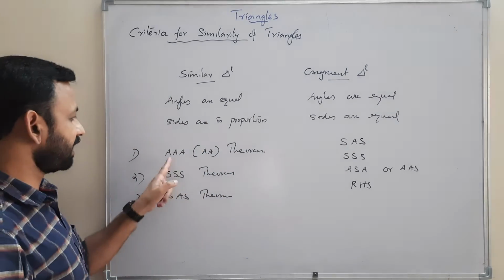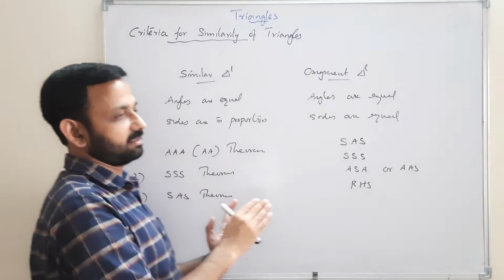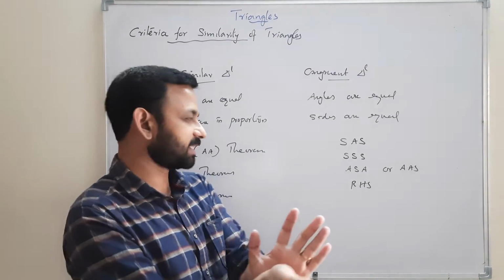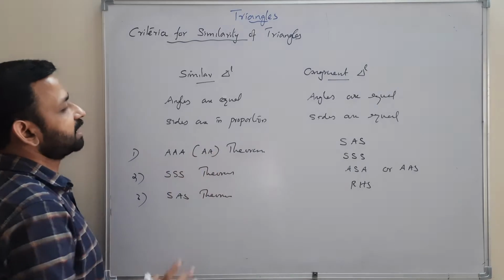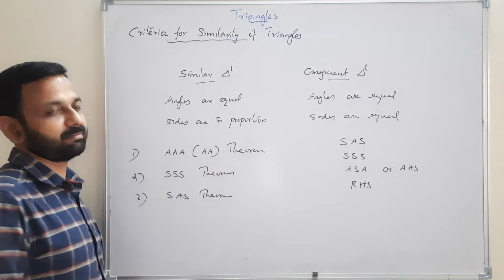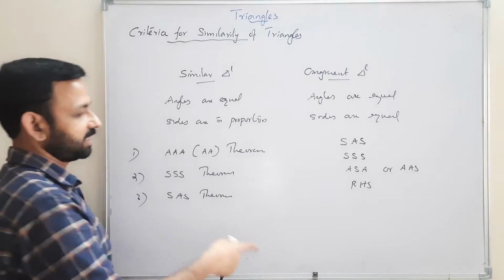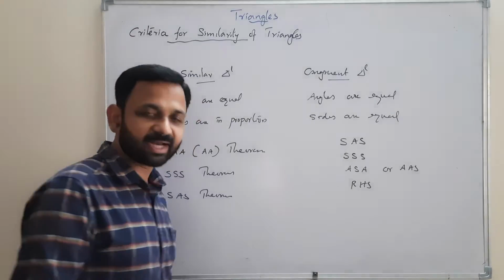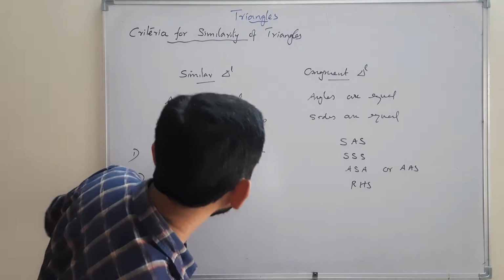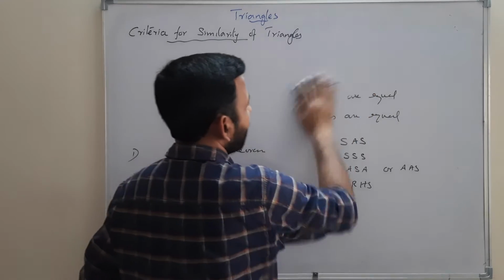So that is the AAA theorem. Or we can say the AA theorem, because if two angles of one triangle are respectively equal to two angles of another triangle, then the third angle will be the same by the angle sum property.